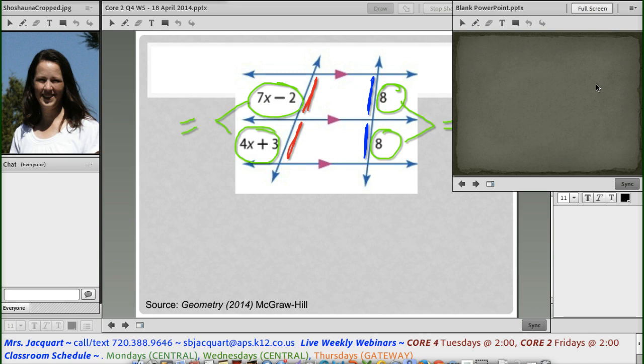So let's go back to my drawing board over here. Let's pick white because it's just really cool. So if I have 7x minus 2 equals 4x plus 3.